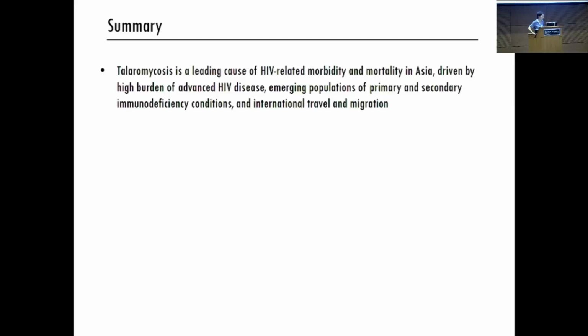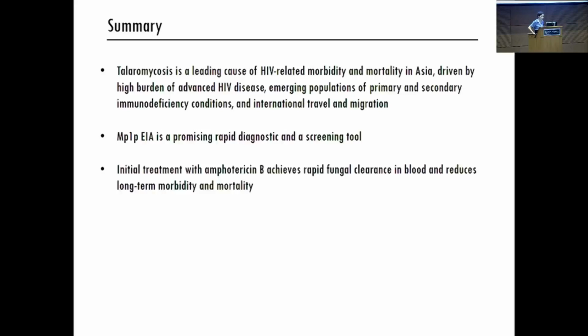So in summary, talaromycosis is a leading cause of HIV-associated morbidity and mortality in Asia, driven mainly by the high burden of advanced HIV disease in the region, and also emerging populations with primary or secondary immune deficiency conditions. The MP1P ELISA is a very promising diagnostic assay that can be used as a screening tool for prevention of disease.